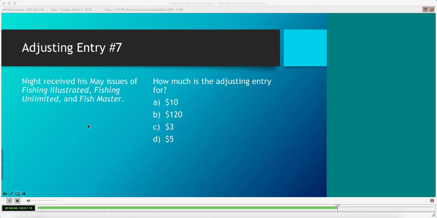The last adjusting entry. This one throws students a lot, mainly because they get the initial recording wrong. You're only depreciating for 1 month of magazines. He received 3 magazines. So we paid $120 for 12 months. We only need to adjust for 1 month's worth of magazines.